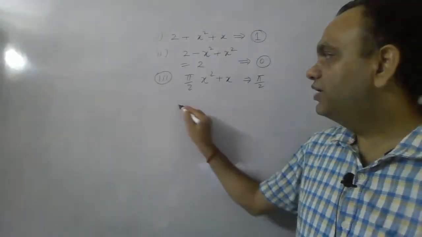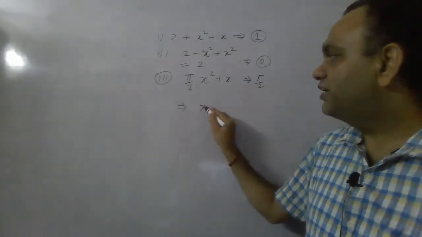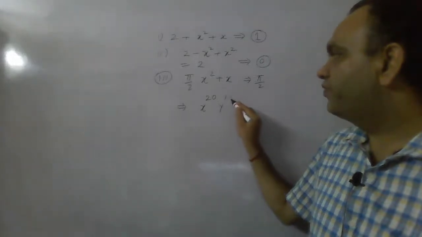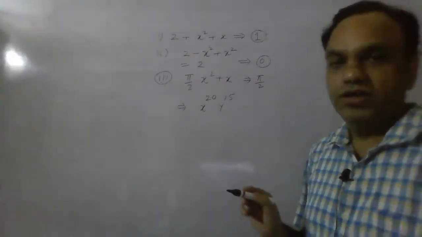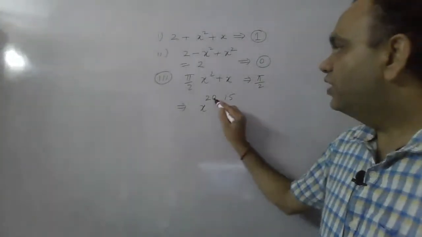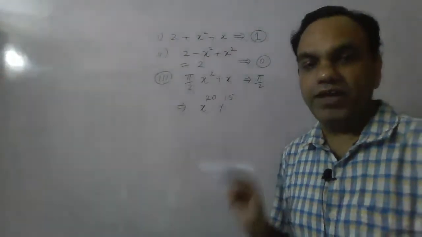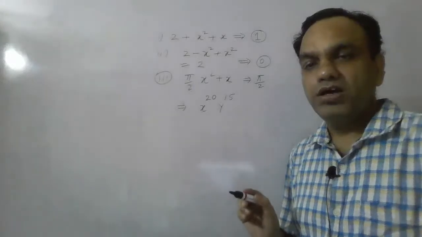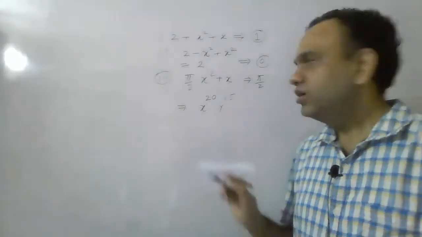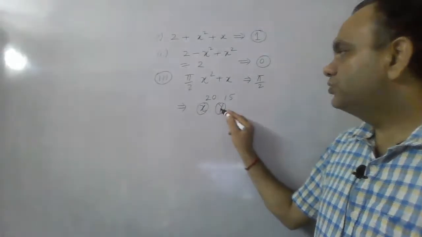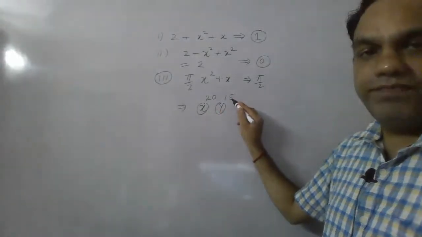For example, if I am writing x raised to 20, y raised to 15, just only. If we add both powers, it is equivalent to 35. So it is one of the binomials, meaning there are two variables and the combined power is 35.